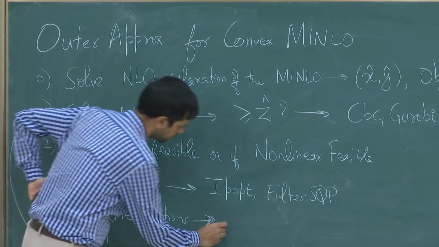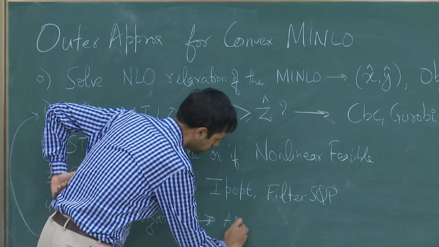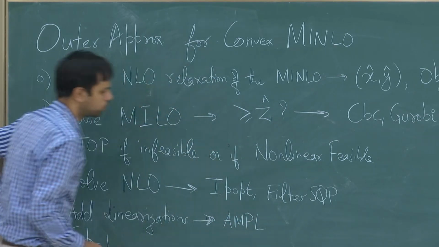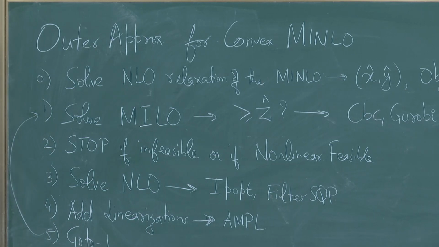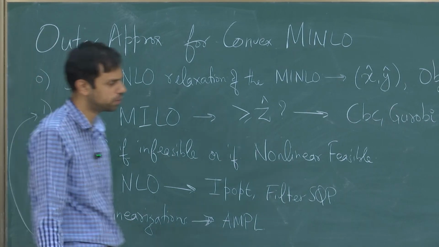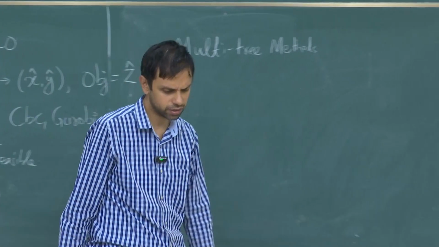And as I said, this can come from AMPL if you don't want to implement your own differentiation code. In fact, all these 5 steps can even be implemented within AMPL itself, because AMPL supports for loops, and you can query the solution of MILO, add some cuts and repeat. Okay, so very, very simple in implementation and quite effective.